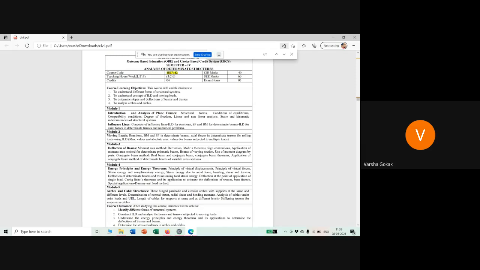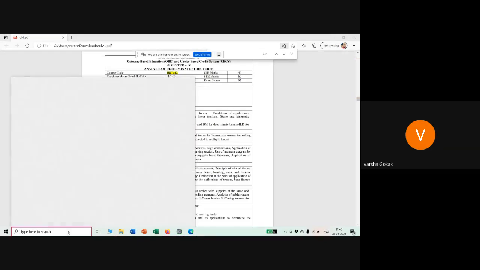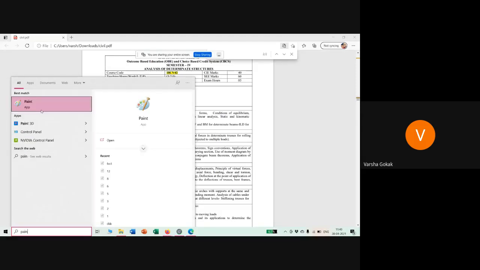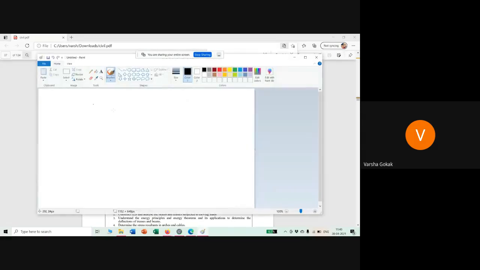Say I give you a beam with both ends hinged. How many unknown reactions will I have? Any idea? I will open up Paint to give you a brief example.